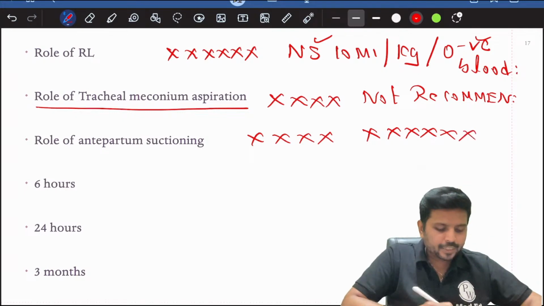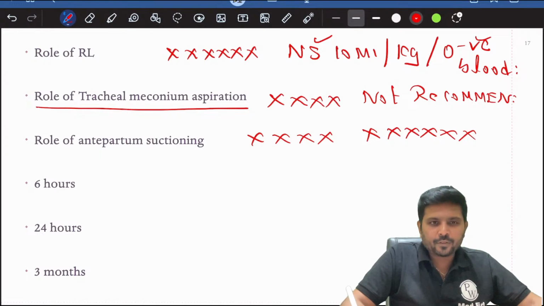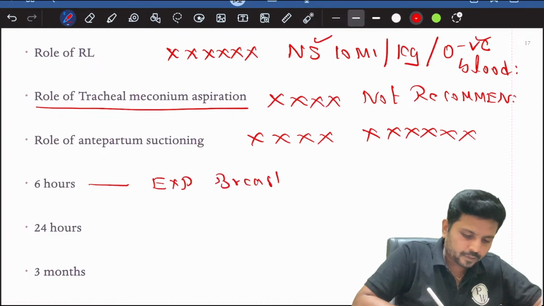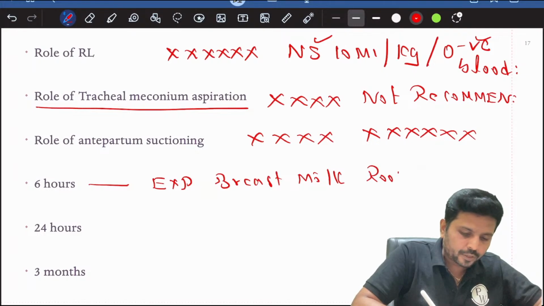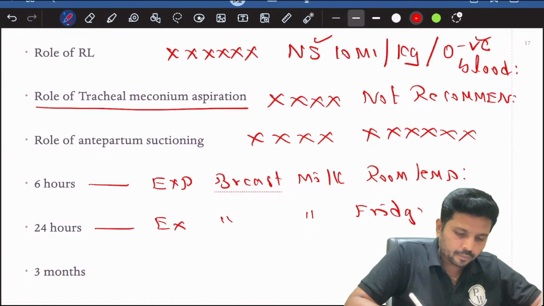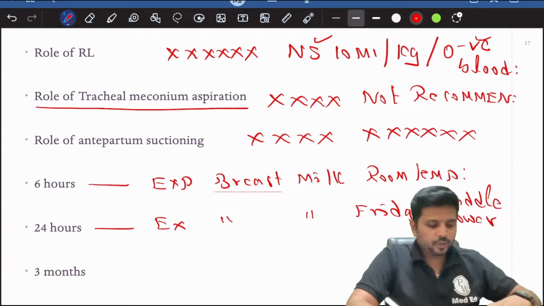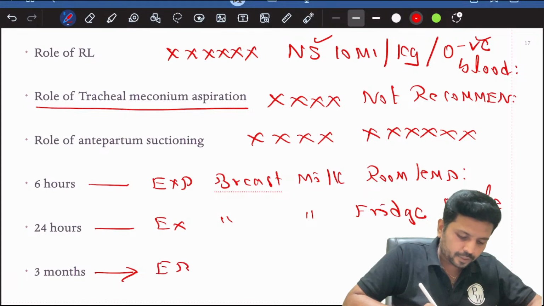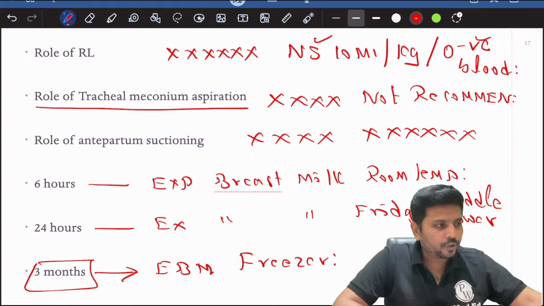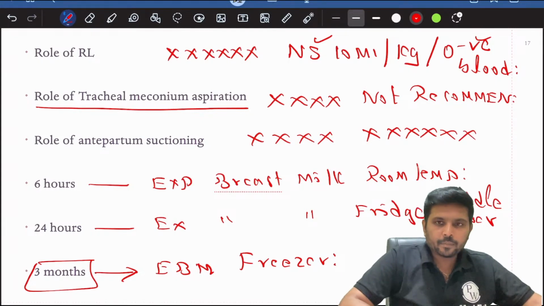What do you mean by 6 hours, 24 hours and 3 months? Anyone? So your expressed breast milk is stable at room temperature for 6 hours, and stable in the fridge, middle and lower rack, for about 24 hours, whereas expressed breast milk kept in the freezer is stable for about 3 months.